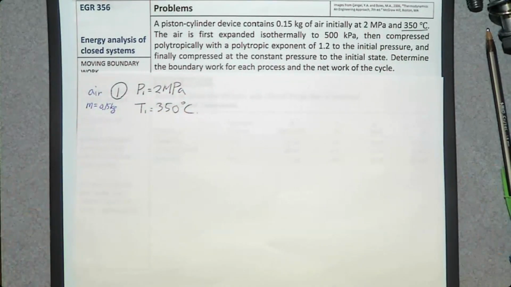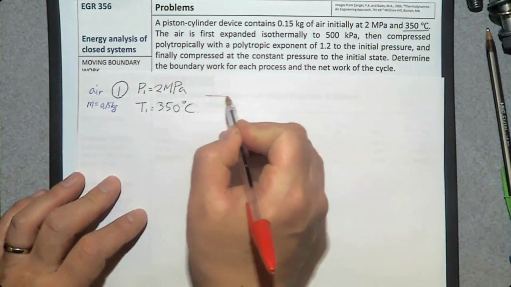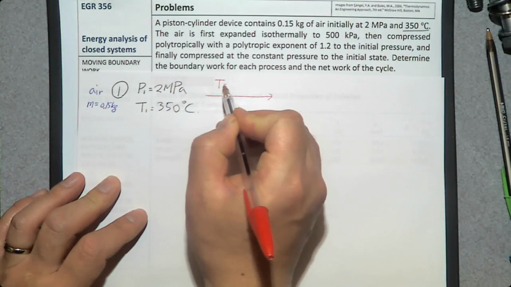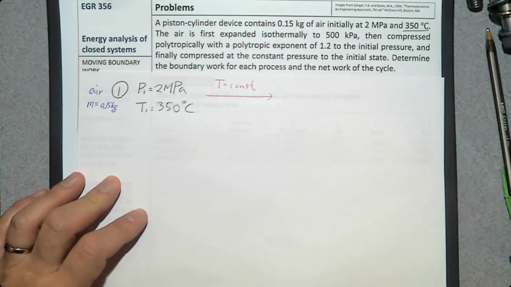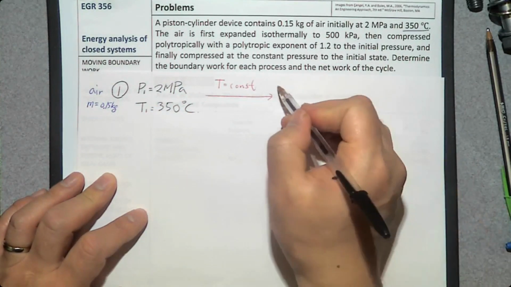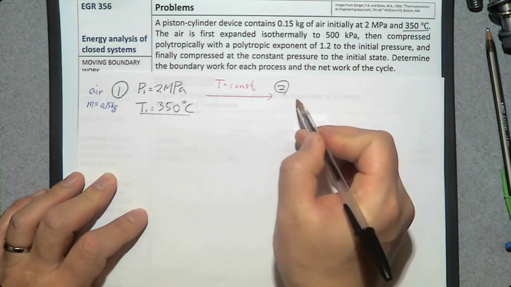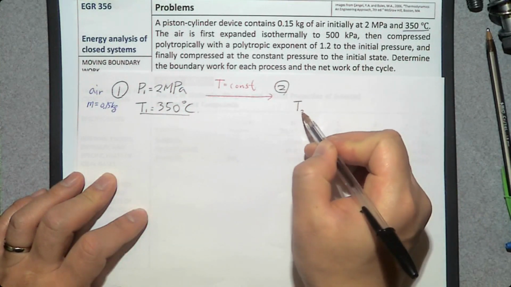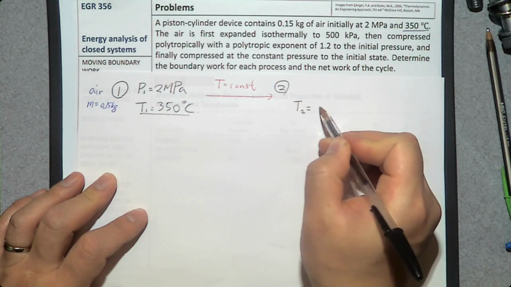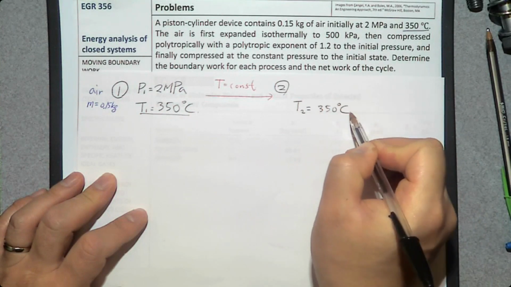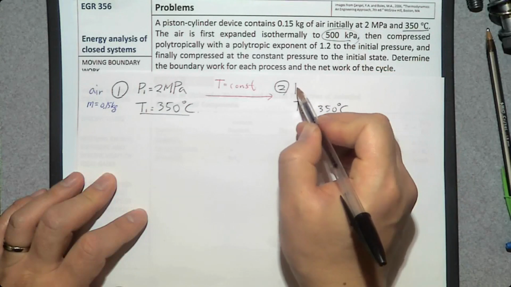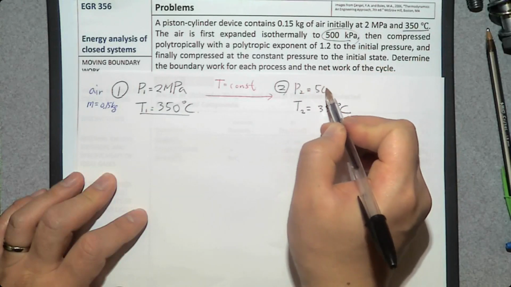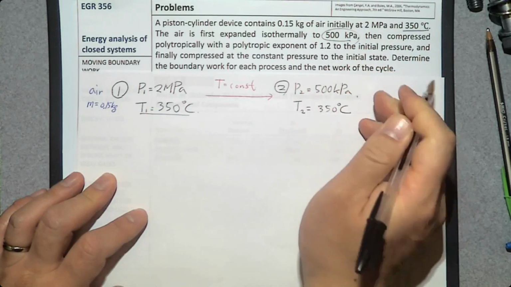Now it's going to undergo an expansion process isothermally. What is isothermally? When temperature remains constant. So T is constant. After this process, temperature remains constant, so T2, the final state of this process, is going to be 350 degrees Celsius. And the pressure is known, P2 is 500 kilopascal.